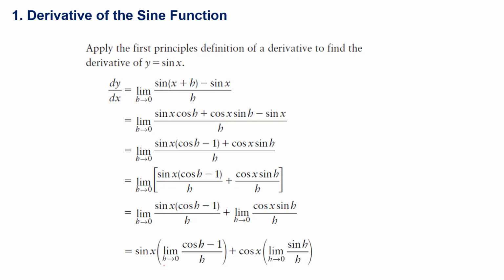That gives us sine x times the limit as h approaches 0 of (cosine h minus 1) over h, right? For the second expression, again, we can put cosine x in front. Then that is the limit of sine h over h as h approaches 0, right? Next, you need to evaluate the limit of this first expression as h approaches 0 and the limit of the second expression, sine h over h, as h approaches 0, right?